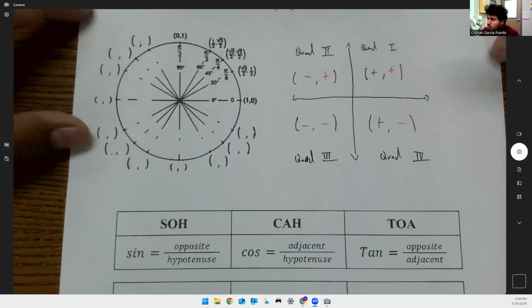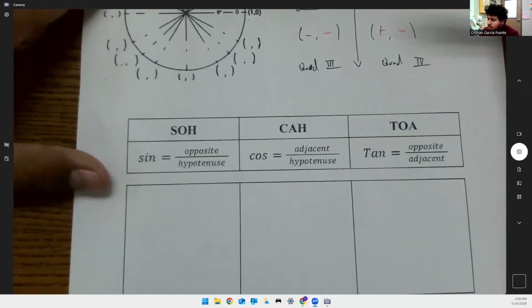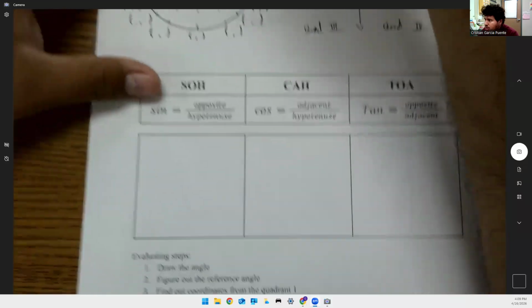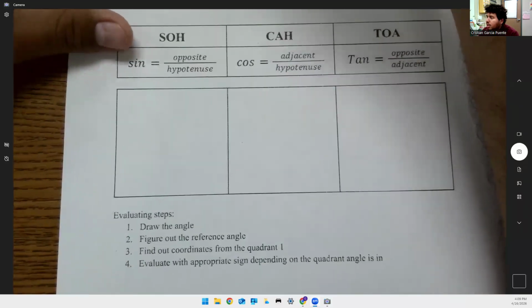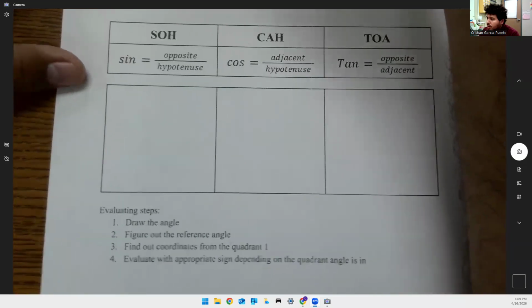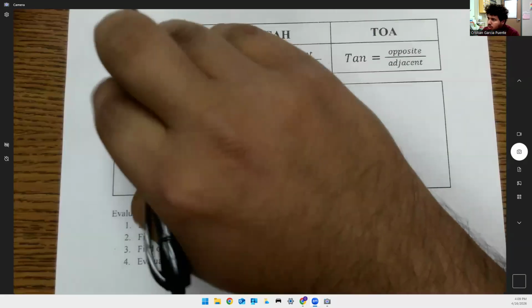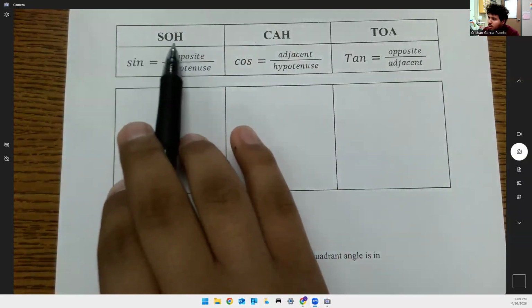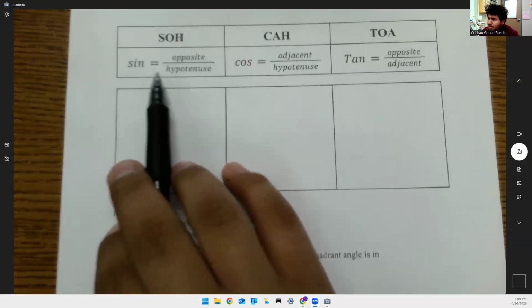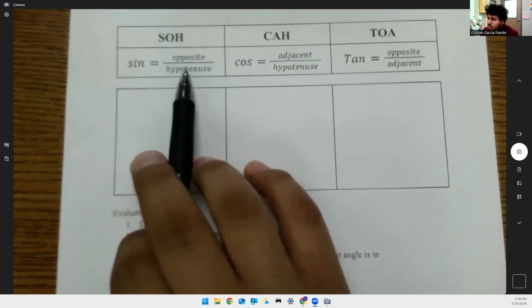All right, the next thing is SOHCAHTOA. You should have seen this in Math 2. Hopefully you did; if you didn't, that is an issue, but I'll go over it again. The S stands for sine, O for opposite, H for hypotenuse, so sine is equal to opposite over hypotenuse.